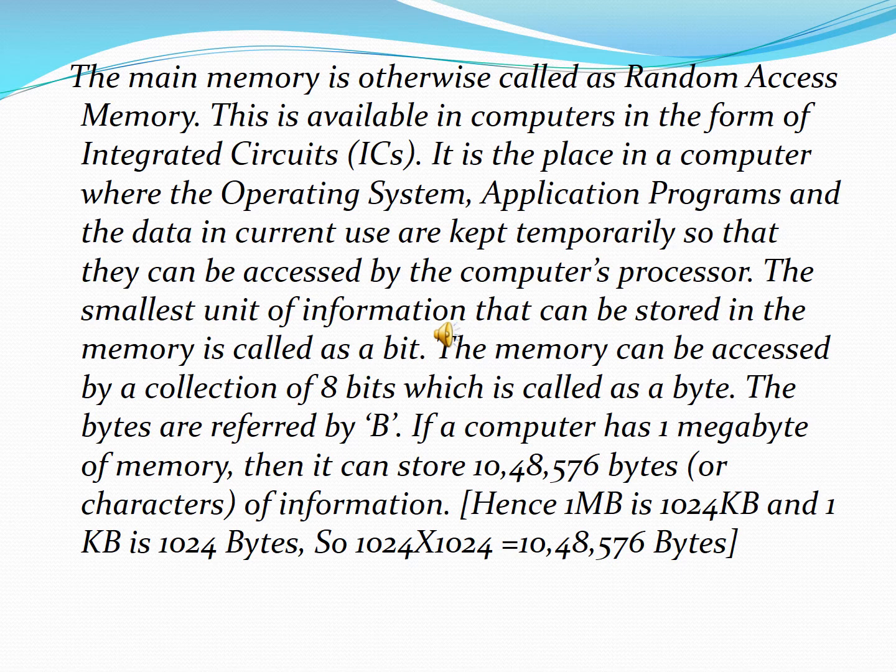We already discussed this in the first chapter. That is the main memory. We know main memory and primary memory, secondary memory. Which is your primary memory? RAM is the primary memory.